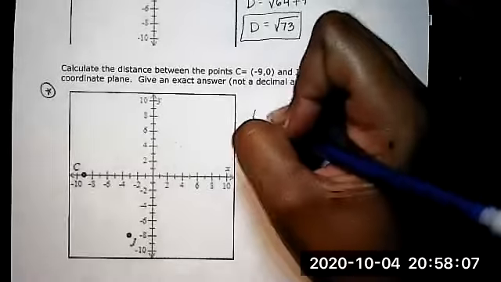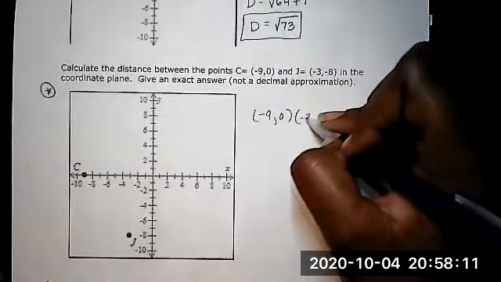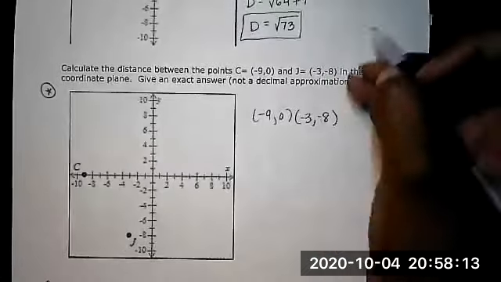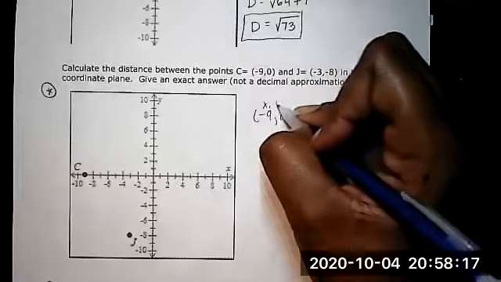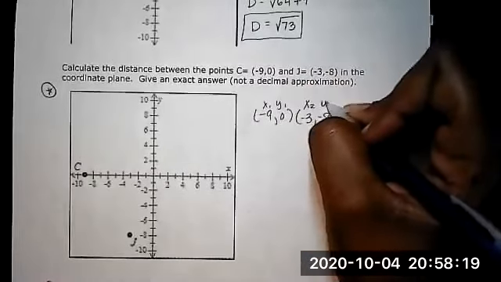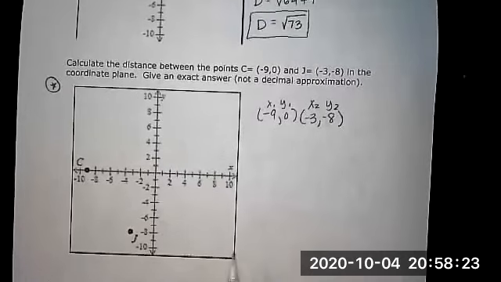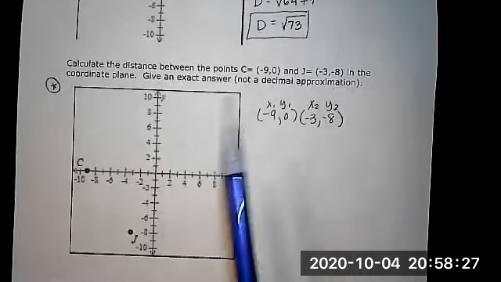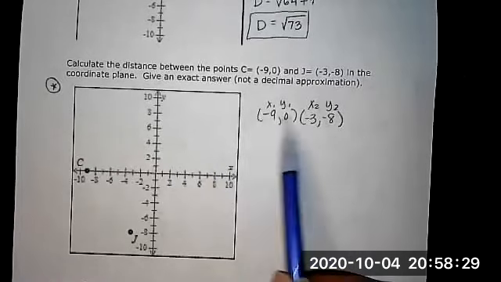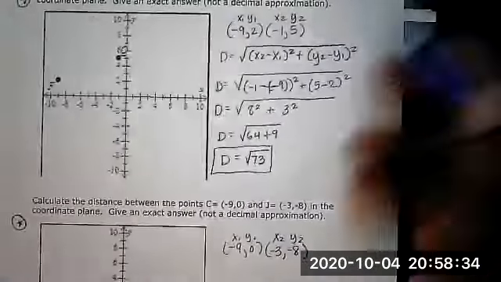Same thing here. Negative 9, 0. Negative 3, negative 8. Do not forget, each point has an x and a y: x1, y1, x2, y2. You will just be surprised at how many people miss that, just because they mess it up. Always x, y, x, y. Okay, each point has an x and a y. So now you're going to put it in the formula.